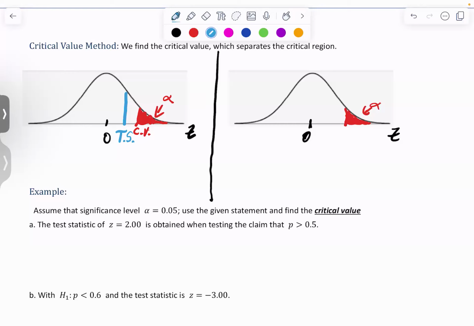But this time, our test statistic is going to be in the rejection region. So these are our two scenarios using the critical value method. Are we in the rejection region or are we not in the rejection region? And now we don't know what to do with that information yet, but we will. Certainly by the end of this chapter, we'll know what to do with that.